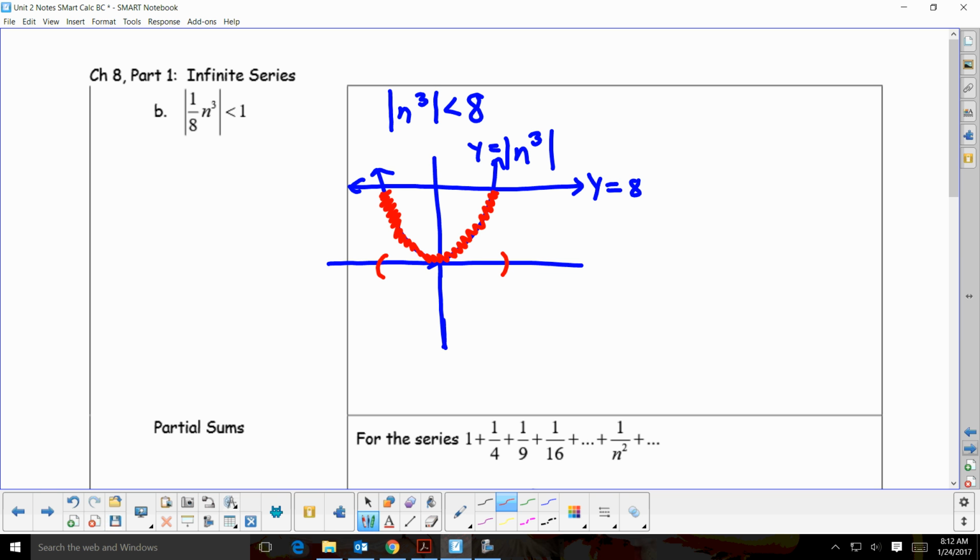So where do these intersect? Here. 2 and -2 again. Okay, group leaders, see if anybody has any questions about that.